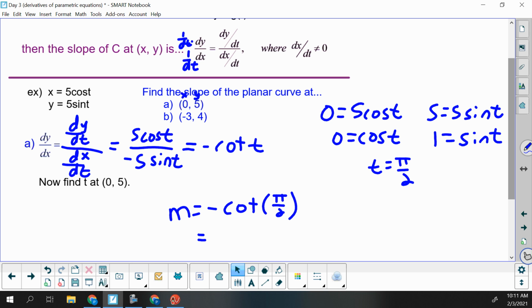Well, cos of pi over 2 is 0, sine is 1, so negative 0 over 1 is just 0. So our slope for this planar curve or this parametric equation at 0, 5 is just 0.